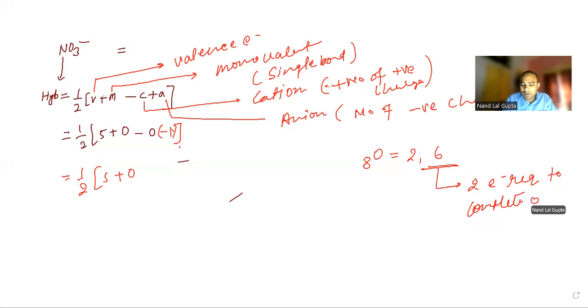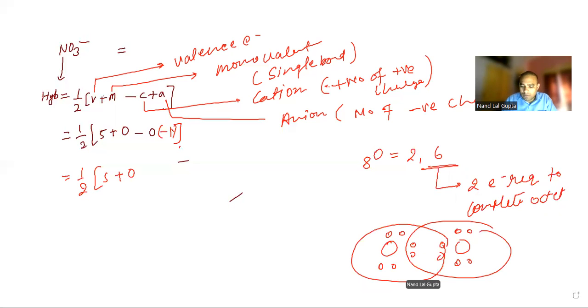So O and O, see 1, 2, 3, 4, 5, 6. These are there. So they are sharing 2 electron now. So now you can count 2, 4, 6, 8 electron here and 8 electron here. So 2 electrons shared means double bond. So oxygen required 2 electron to complete the octet. That is why.